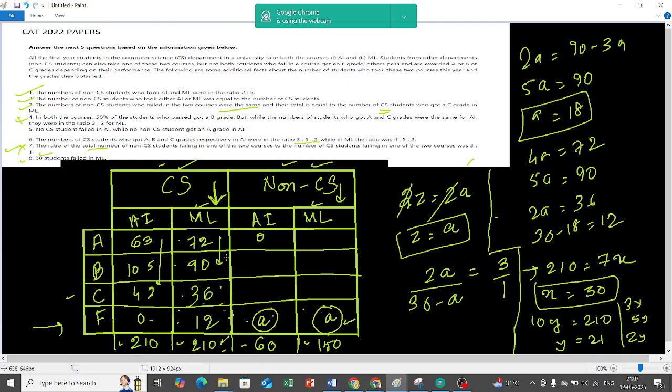Okay, so we have got quite a good number of values, right? We need to get a. Oh okay, z is equal to a hai, right? Z is equal to a और a is equal to 18. Fine, so that means these values are 18. जहाँ जहाँ पर a है वहाँ पर 18 हो गया, right?